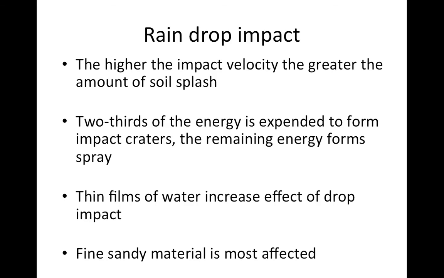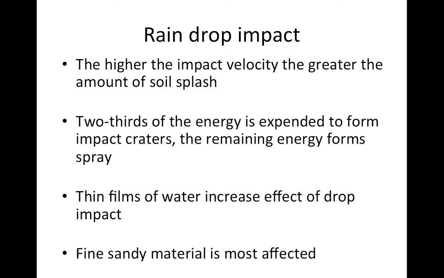So we'll cover aspects of rainfall variability and how that impacts erosion, but essentially raindrop impact mobilises sediments because the raindrop has a certain mass. It impacts the soil surface at a relatively high velocity because it's fallen from the clouds.